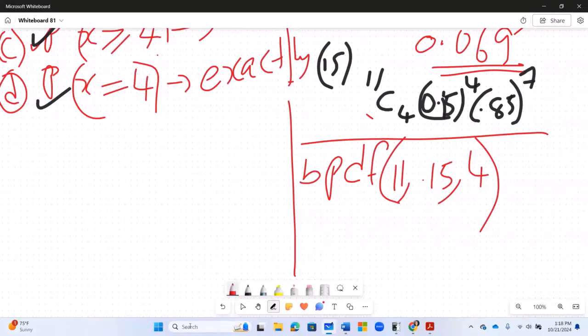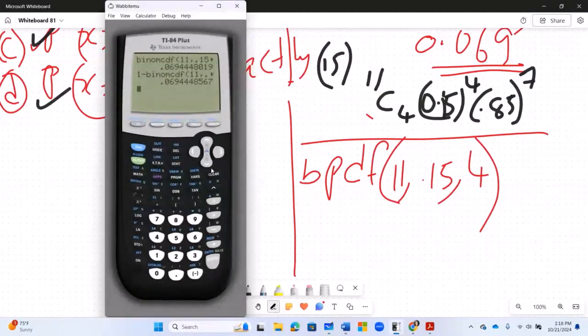So I go to my calculator, second distribution, and I am looking for binomial PDF. Note that this is PDF, so I am going to select a single probability.